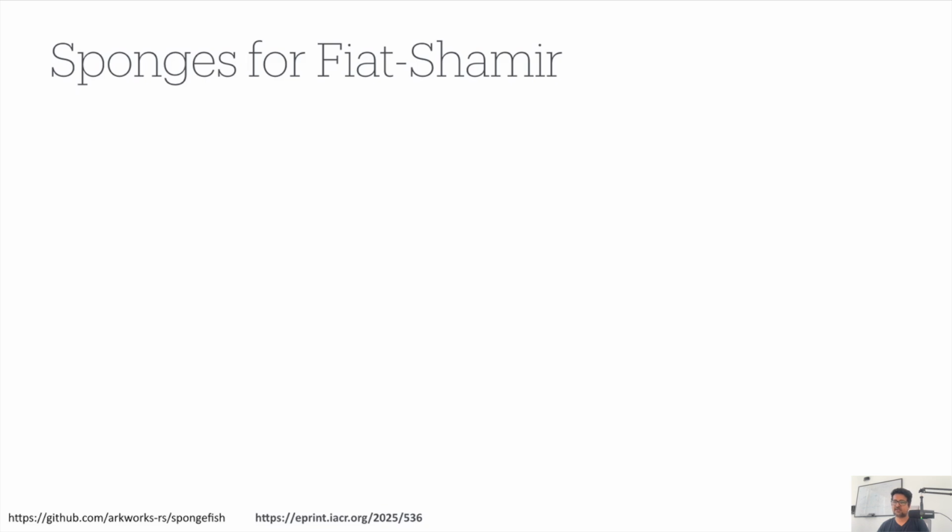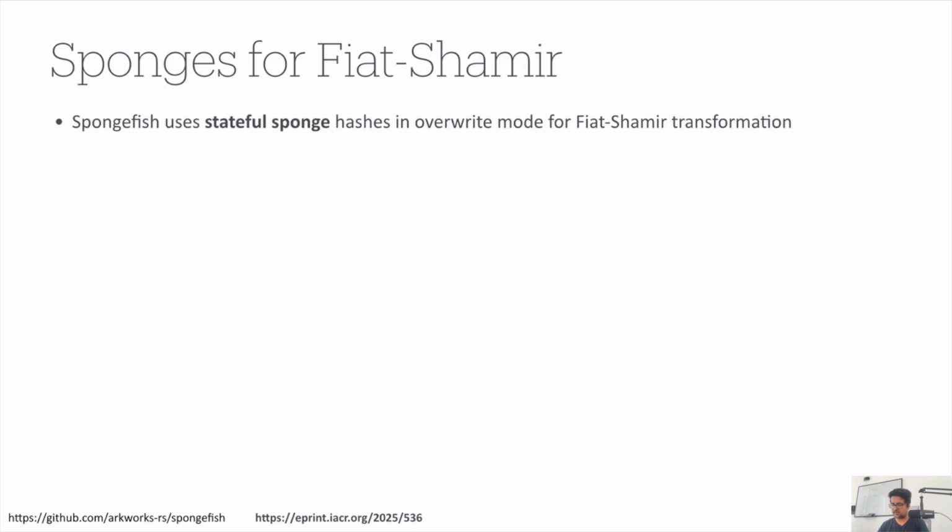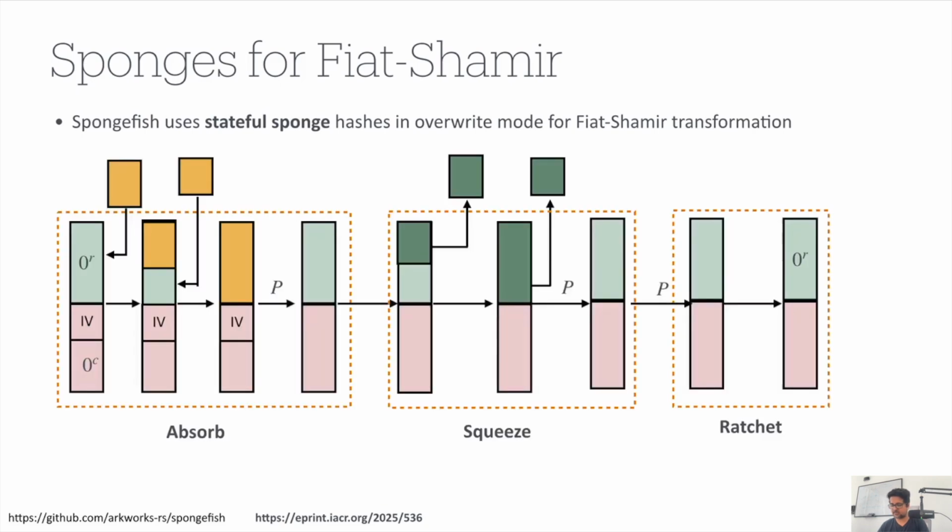Every time one needs to hash a message and generate a challenge, we call a separate hash function. In principle, you could replace this with a sponge function with certain properties, and that's what we're going to discuss here. So spongefish uses a stateful sponge hash in an overwrite mode for the Fiat-Shamir transformation.